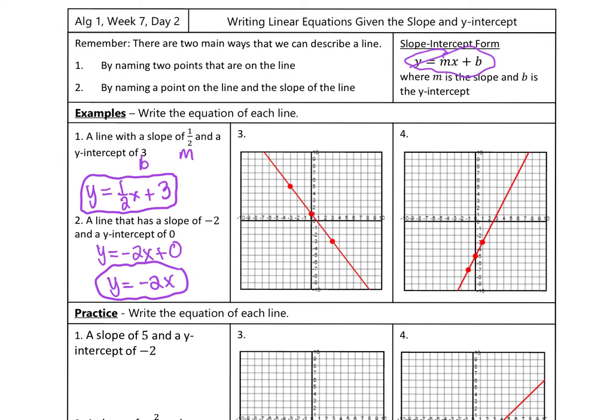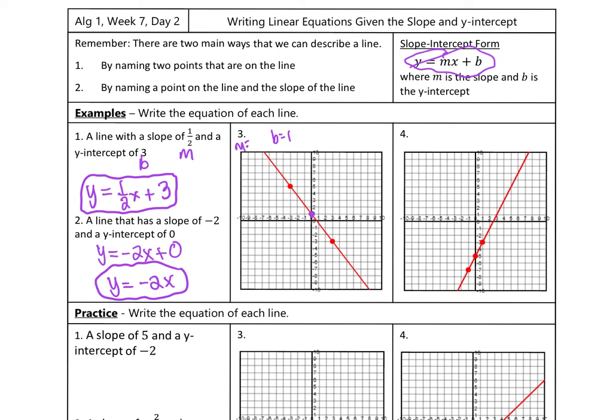For 3 and 4, instead of being told outright what the slope and the y-intercept are, we're given a picture, so we have to figure out what those two pieces of information are from the picture. So we'll start with the y-intercept, because why not? So right here, my y-intercept is at 1, so b is 1.